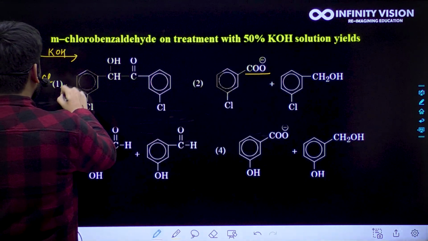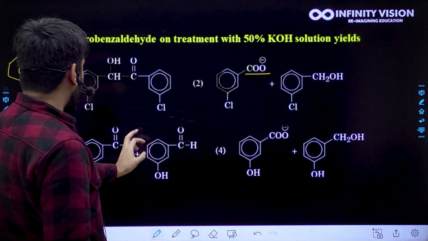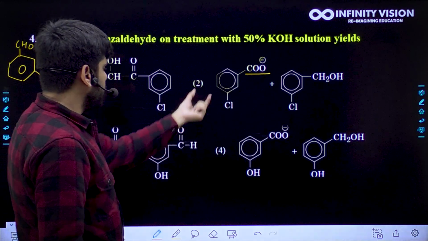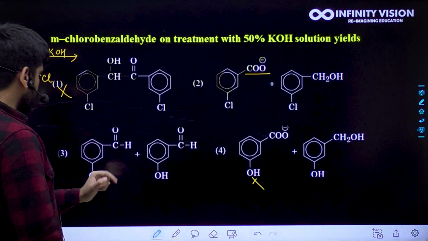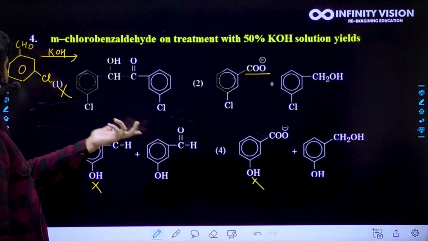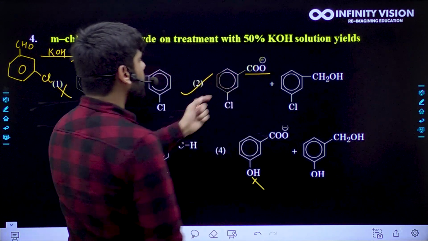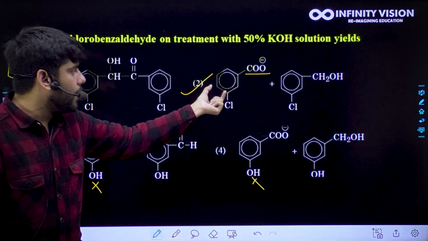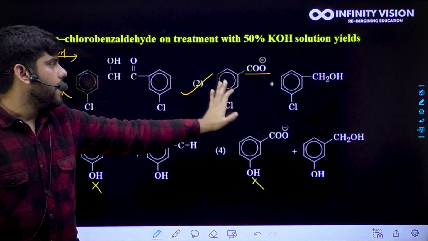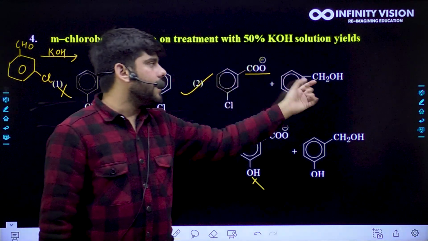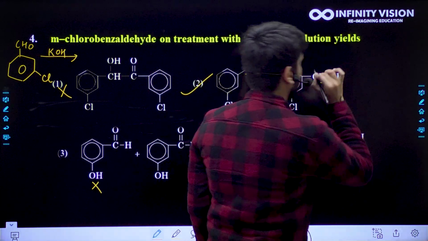So A cannot be the answer. And among the second, third, and fourth, this OH cannot come into the picture. Similarly, this, so we are left with just one option, and this is absolutely correct, that one of the molecules of this metachlorobenzaldehyde gets oxidized to this carboxylate ion, and the other is reduced to the alcohol part.